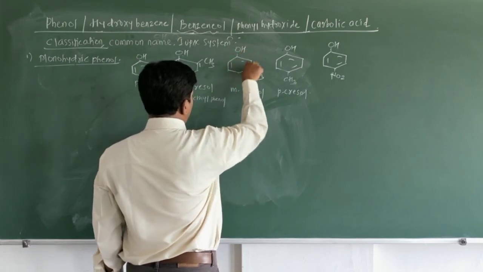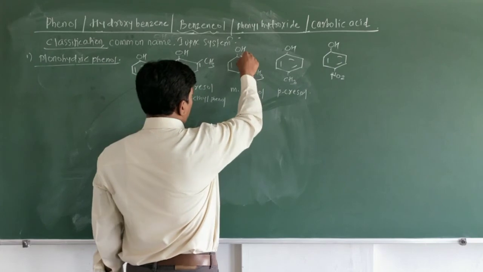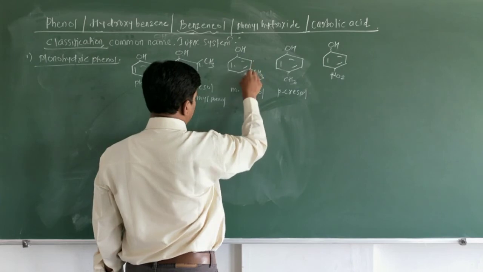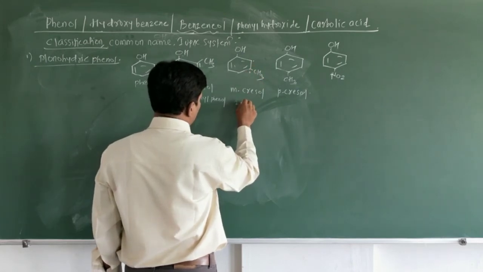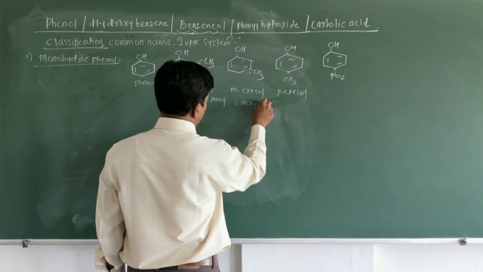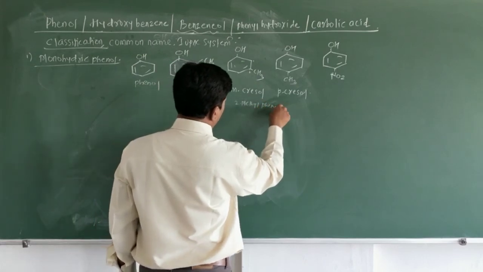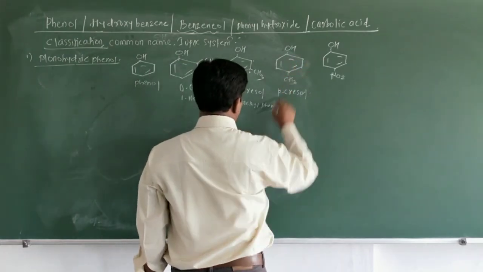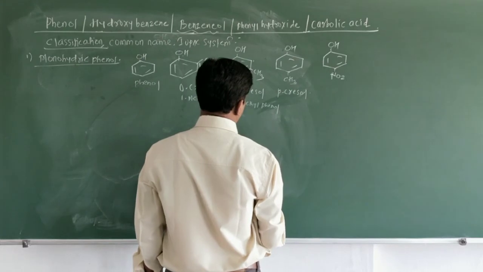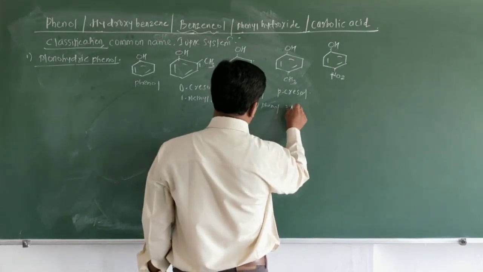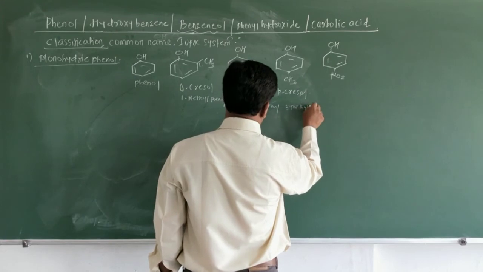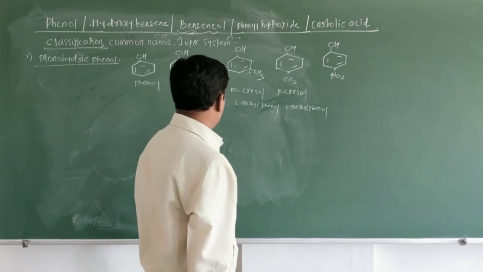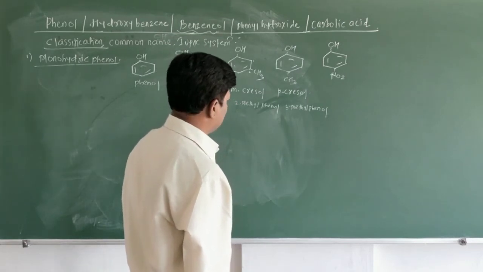Here benzene and OH is the parent compound, this should be the first position and this should be the second position. Therefore it is 2-methylphenol. And here, opposite to this, the CH3 group is present. Therefore it is 3-methylphenol. So these are the IUPAC names of these compounds.